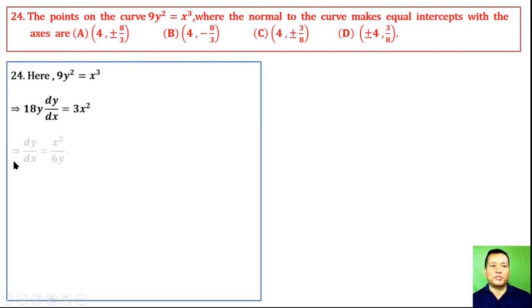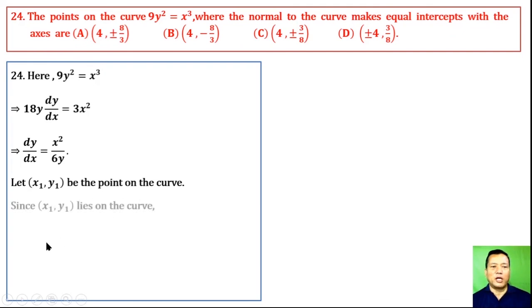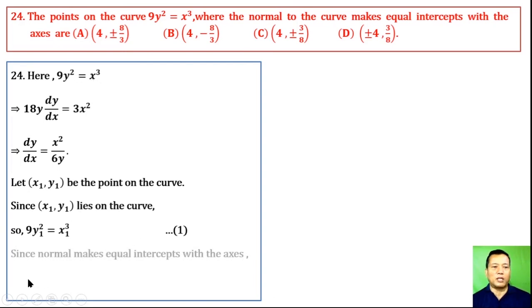Differentiating both sides with respect to x, we get dy by dx is x square by 6y. Let x1, y1 be the point on the curve. Since this lies on the curve, the coordinates will satisfy the equation of the curve, which is equation 1. Since the normal makes equal intercepts with the axis, the slope of the normal will be plus minus 1.